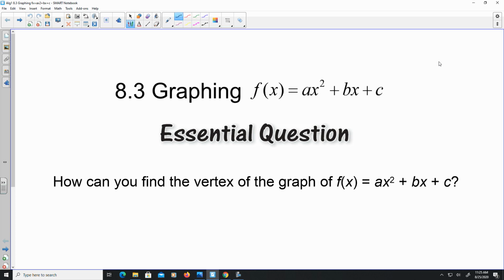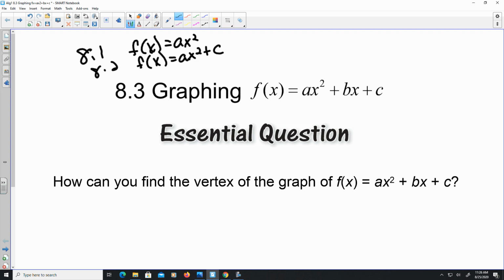In 8.1, we saw f of x equals just ax squared. In 8.2, we saw f of x equals ax squared plus c, and now we've added an additional term, bx, to this section.